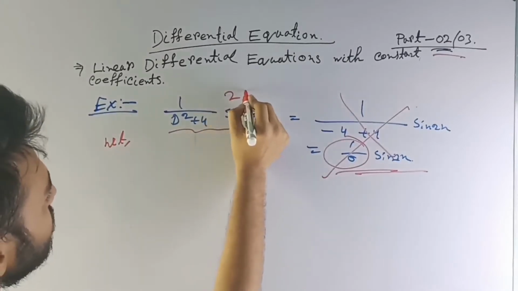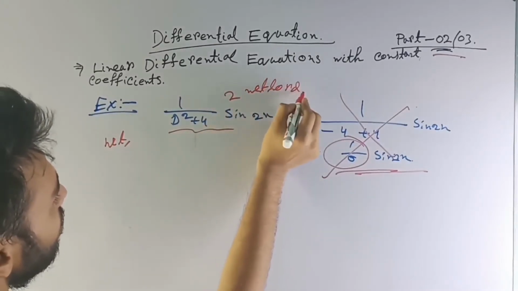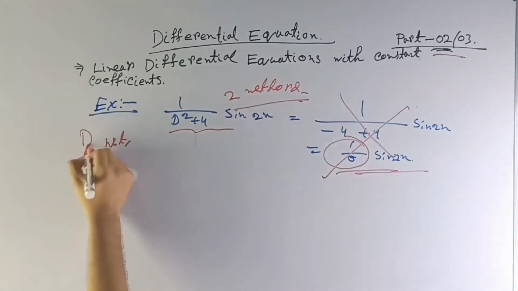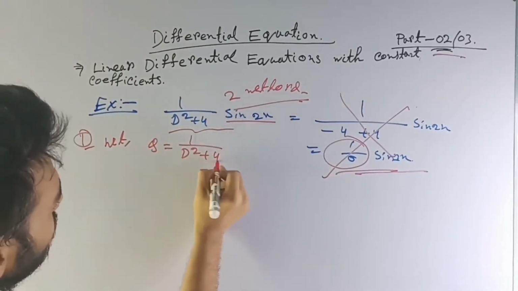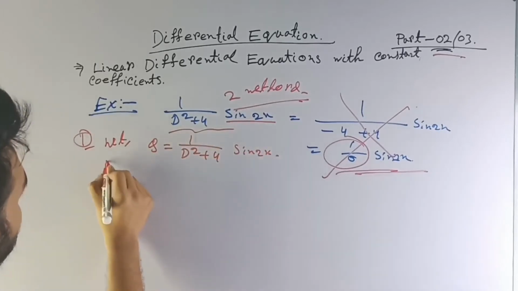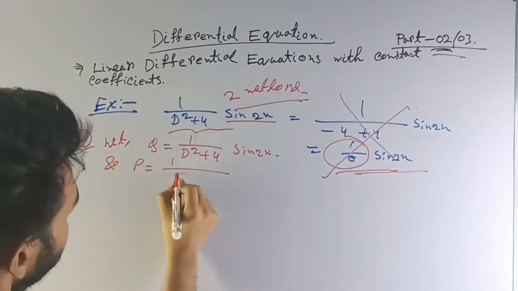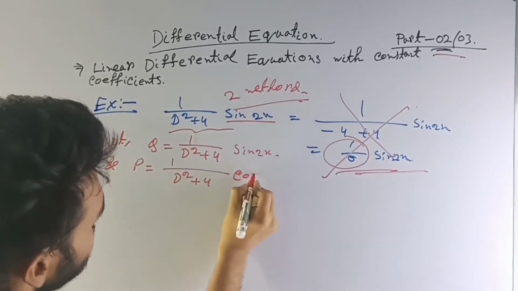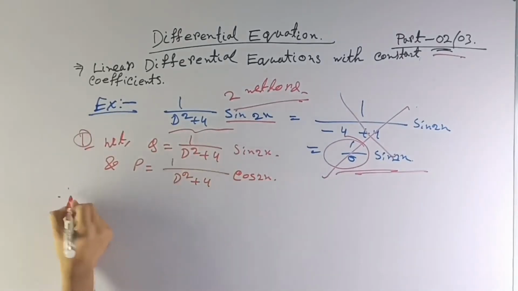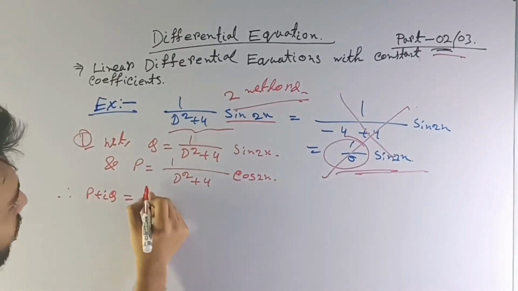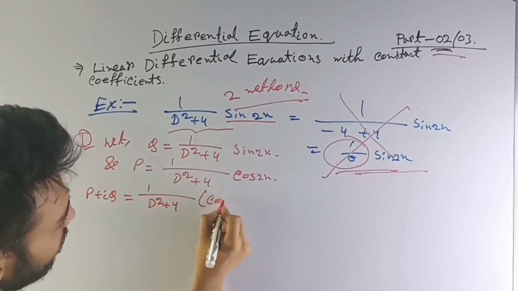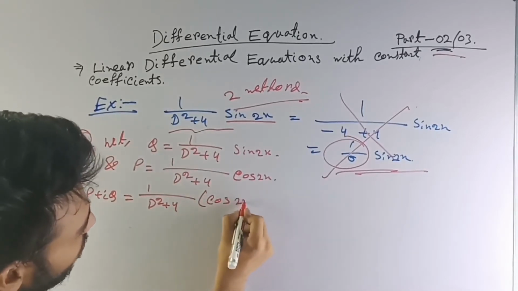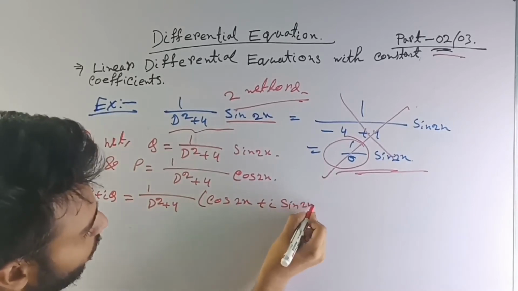Let us work with two methods. Okay, now the first method: let Q equals 1 by D square plus 4 of sin 2x and P equals 1 by D square plus 4 cos 2x. That's it. So I also write P plus iQ equals 1 by D square plus 4 times of cos 2x plus i sin 2x.